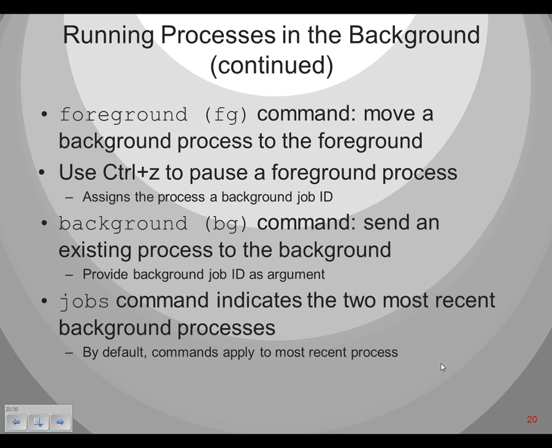You can also send a process to the background with the background command. Control and using the Z command, the Control Z combination assigns the foreground process a background job ID that is then used as an argument to the BG command.